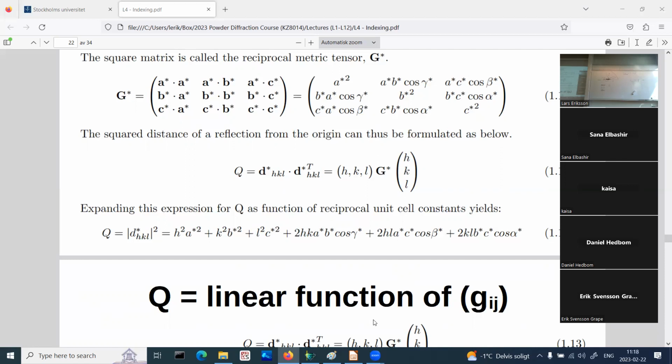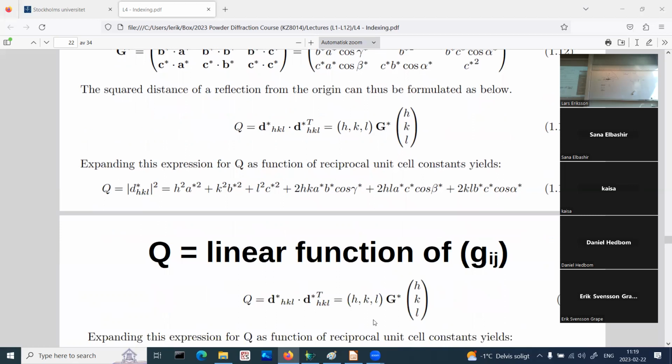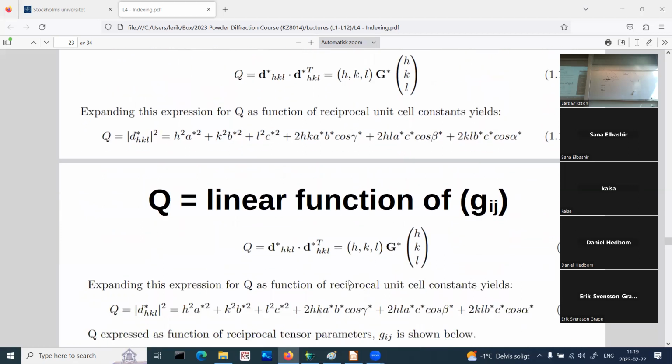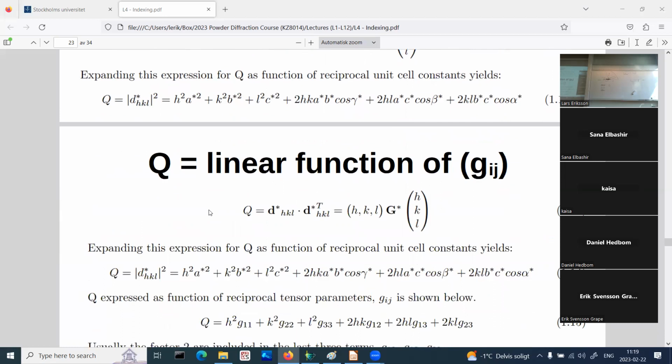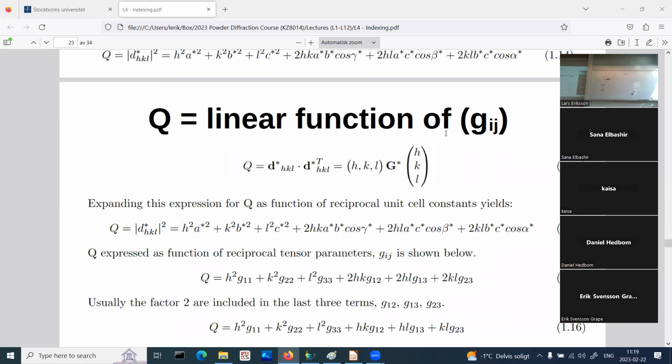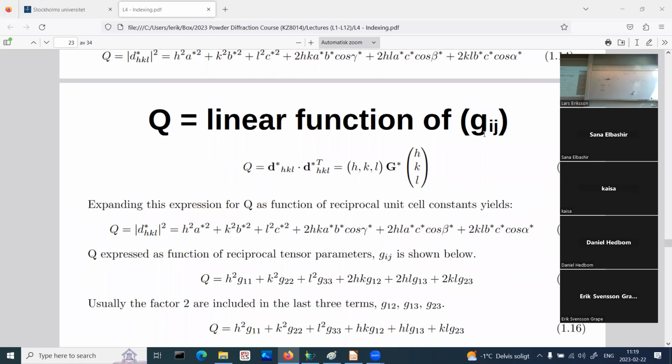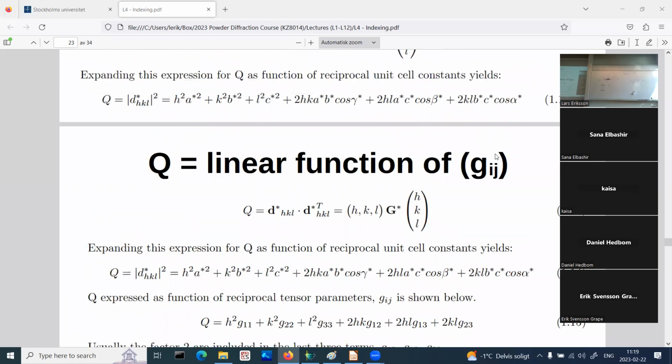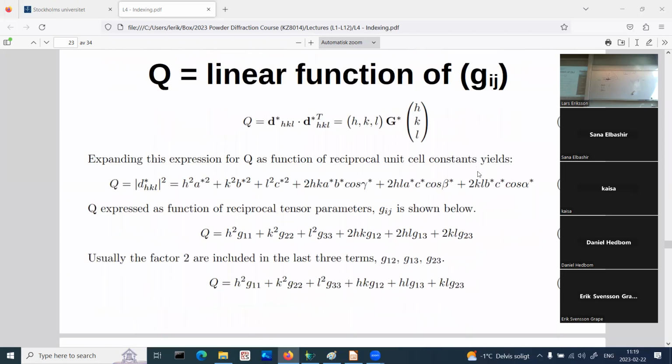This is just the size, the scalar value of Q. So in principle, we can say that Q is a linear function, linear in the sense that there's no h square and k square, they're just numbers, and it's only an addition. Q is a linear function of the reciprocal space metric tensor. Perhaps it should be a G star.